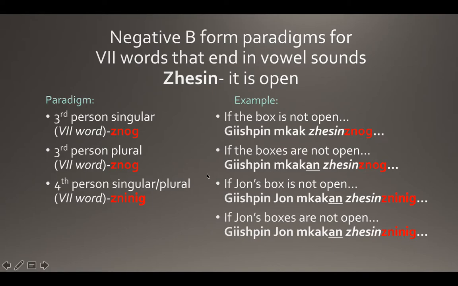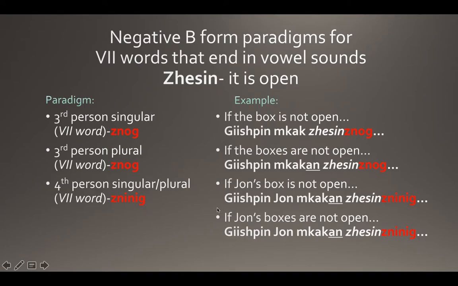Moving on to our fourth person phrases, we have if John's box is not open. So we have gishbin is if, John is John, mkuk is box, but mkukun is his or her box. Jasin is open, and then we have our negative B form suffix, zninig, at the end of our verb.